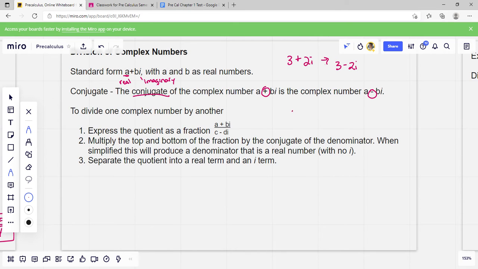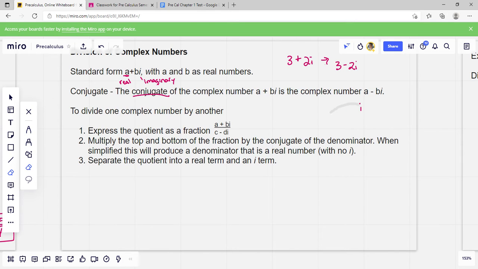If we had 6 plus 3/4 i, all we have to do is change the sign in the middle, 6 minus 3/4 i. And it doesn't always change from plus to minus. Sometimes it's the other way around. So what if we had 7 minus 3i? To get the conjugate of that, we're just going to do 7 plus 3i. Super easy. Just change the sign in the middle.